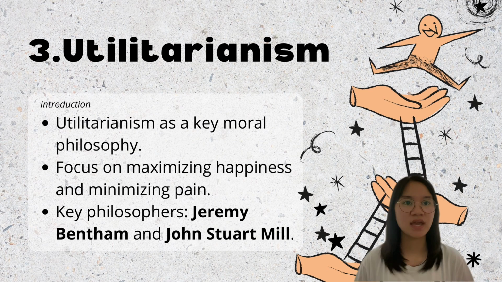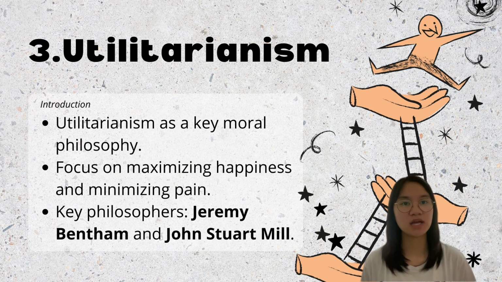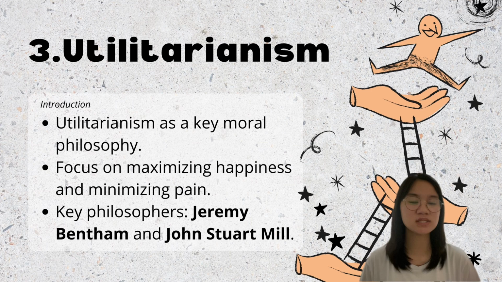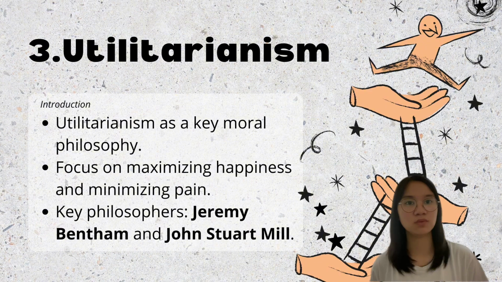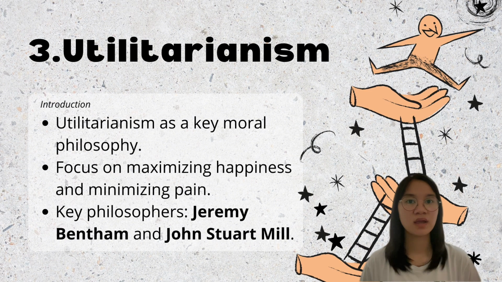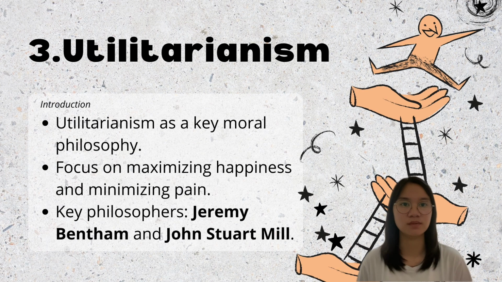He emphasized a qualitative aspect, suggesting that intellectual and moral pleasure are superior to mere physical satisfaction. In this presentation, we will dive into the contributions of both Bentham and Mill, examine the key differences between their interpretations of utilitarianism, and explore how their ideas continue to shape contemporary discussions in moral philosophy.